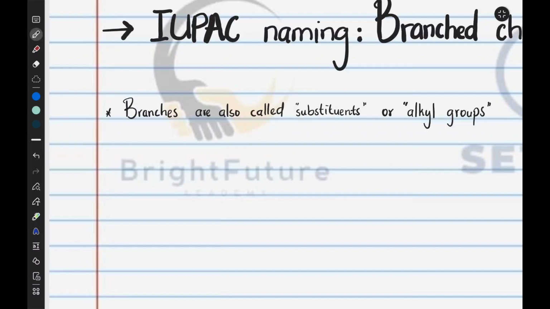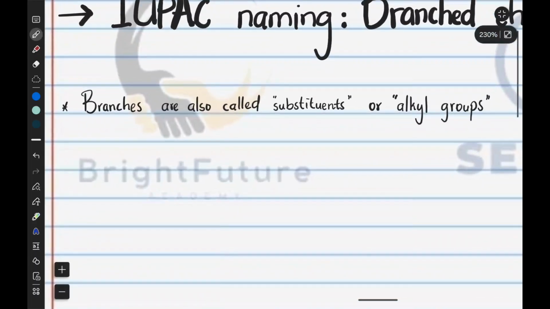Typically we will have a longer carbon chain, and that longer one we would call a parent chain or the main chain. Most people prefer using main because it's easy to remember. And then there will be shorter chains on this main chain. Those are called the branches or side chains, or substituents. We also call them alkyl groups.